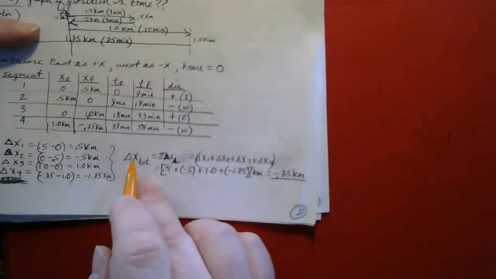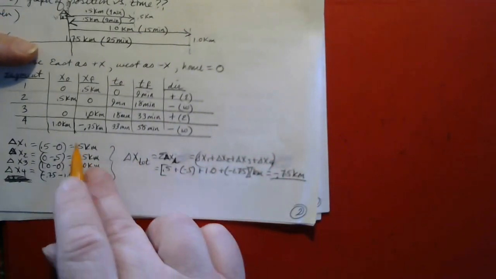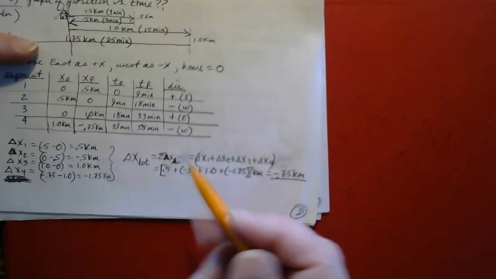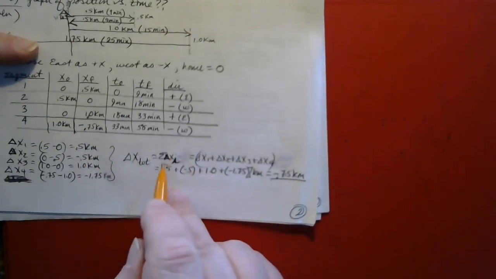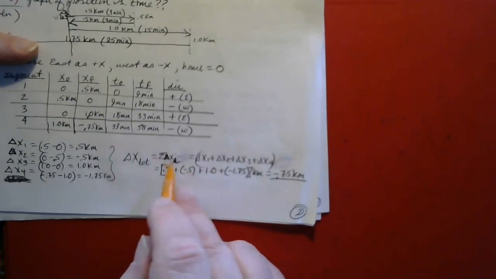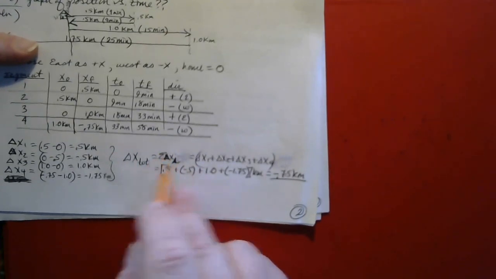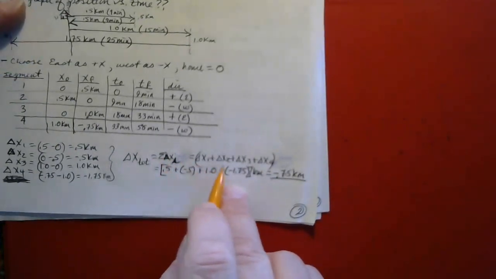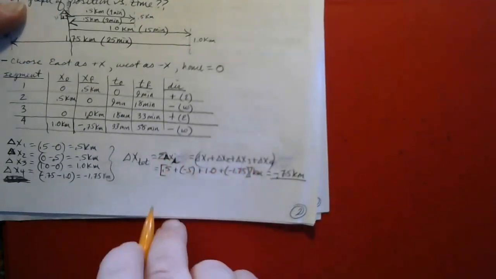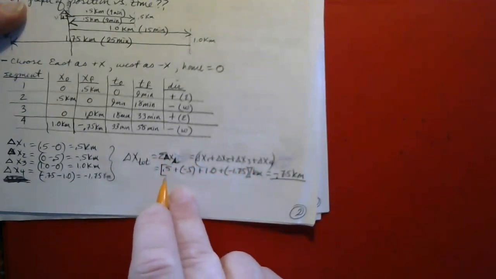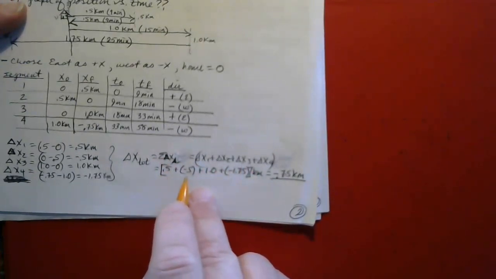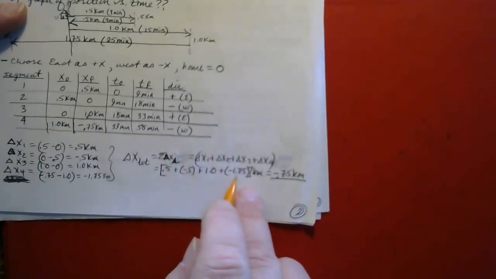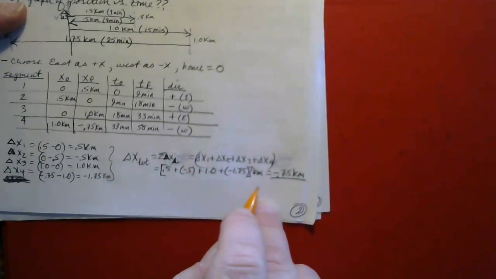So the total displacement is going to be the sum total of the displacements for the individual steps. And that's what this is. Summation of delta xi just means add up all the displacements. So that's delta x1 plus delta x2 plus delta x3 plus delta x4, which is 0.5 plus negative 0.5 plus 1 plus negative 1.75.